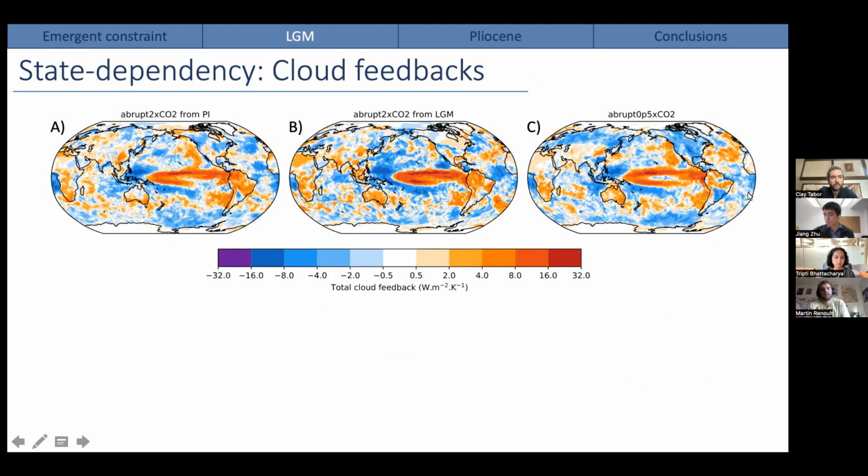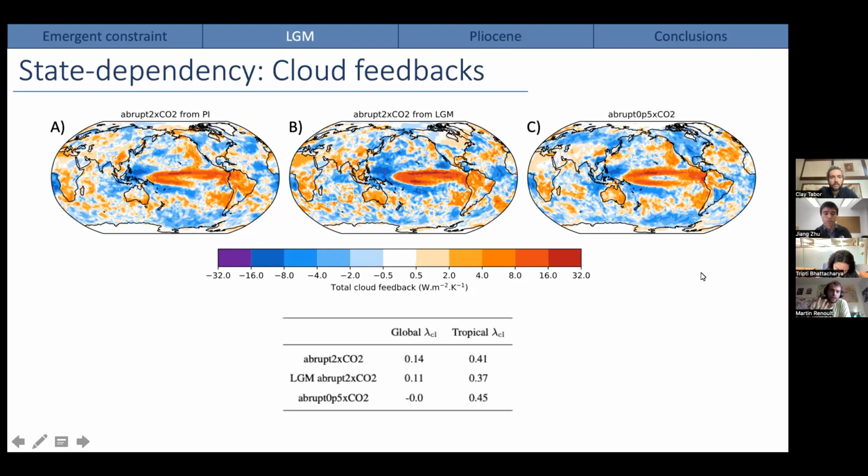And in terms of state-dependent issues, we mostly talk about climate feedback, and here I'm showing you the example of cloud feedbacks. We made several analyses where we double carbon dioxide from pre-industrial conditions on panel A, double carbon dioxide from LGM boundary conditions on panel B, and halve carbon dioxide from pre-industrial conditions on panel C. Of course, it's a bit difficult to see, but there are differences in patterns on the global scale, but also tropical scale.